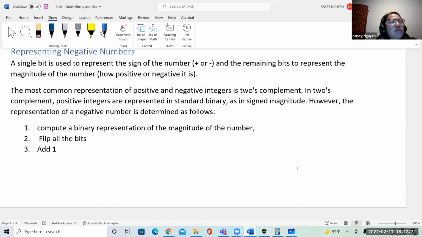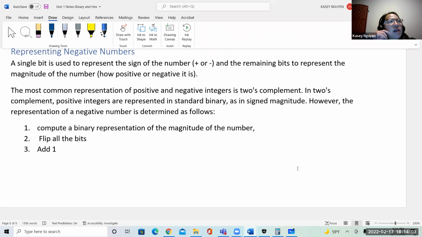To humans, when we say a positive number, like positive 47, we would indicate the positive sign in the front. And the system is going to use 1 bit dedicated to that sign. And then the remaining bits will represent the magnitude of that number.